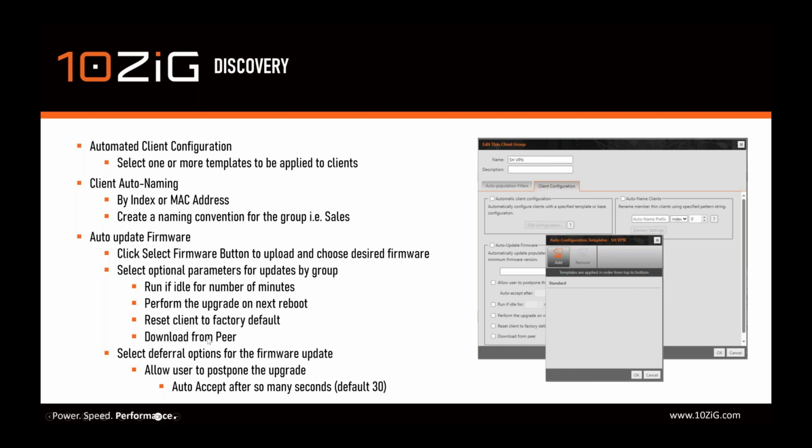That is a really important option if the clients are being updated at a remote location. We can provision the firmware to a single device at that remote location, and that can then act as a peer and push out the firmware locally.